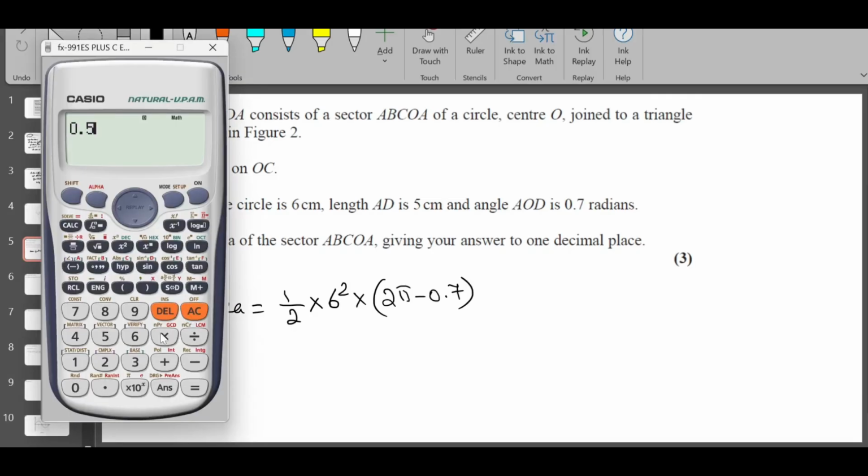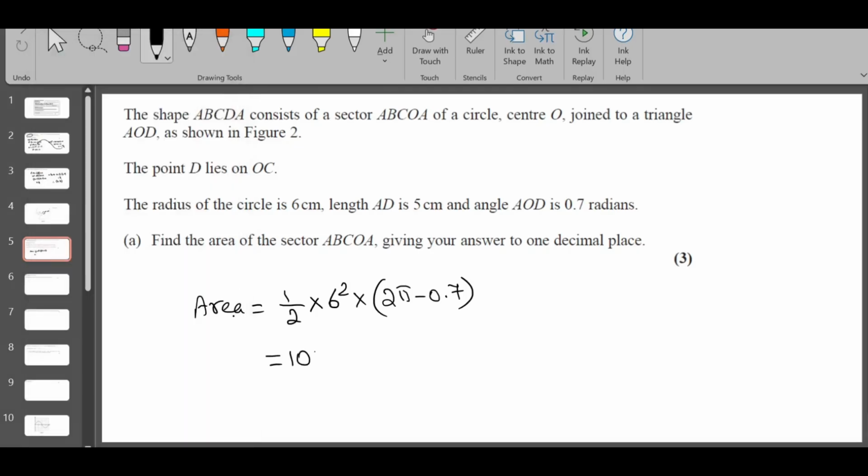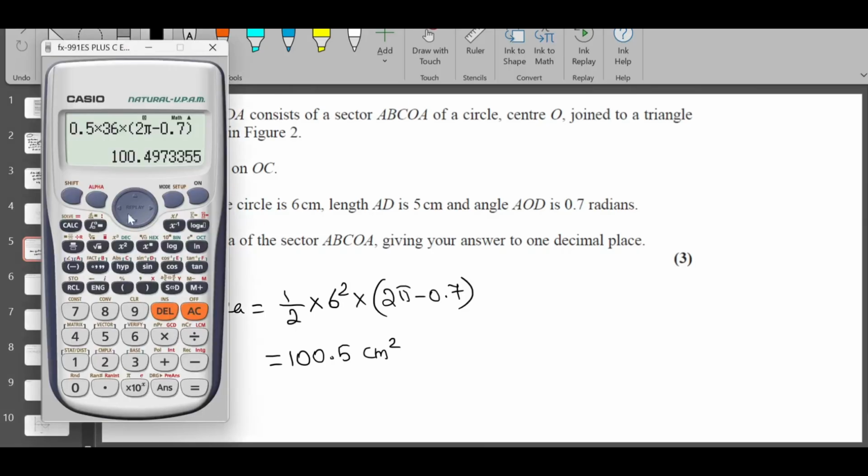Half times 6 square times (2 pi minus 0.7). 100.497, 100.5 centimeter square. And then I store these values immediately.